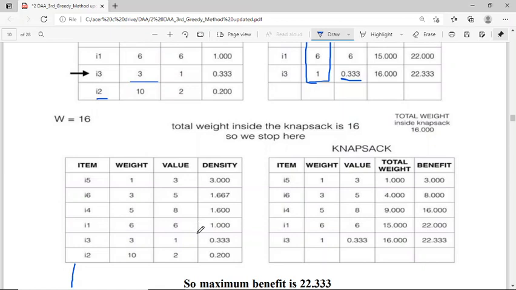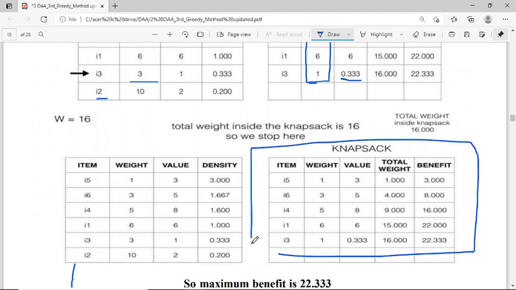Now after adding this, the main question is, you added with the help of weight, but what is the profit you are getting? This is the profit.